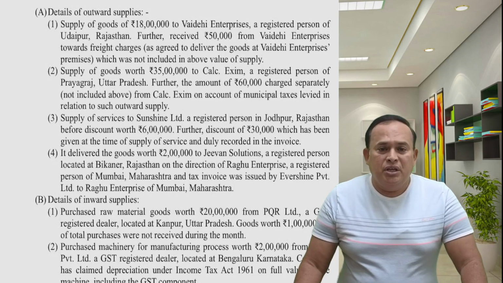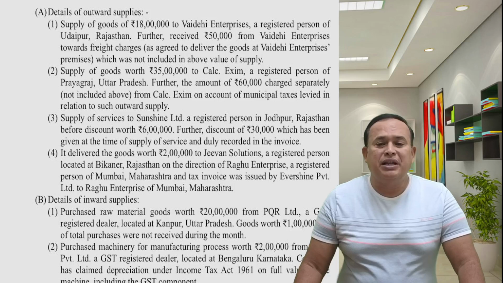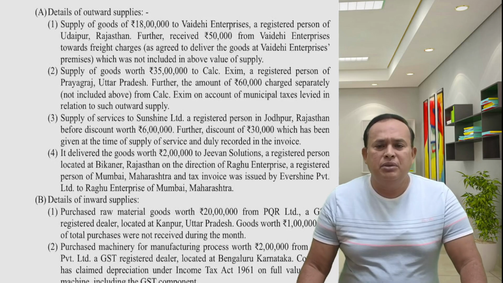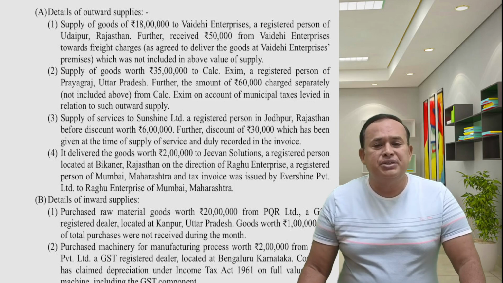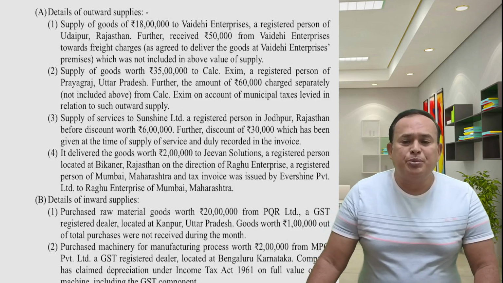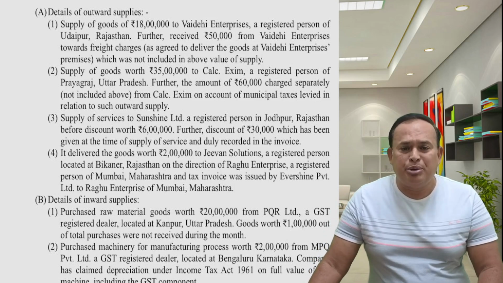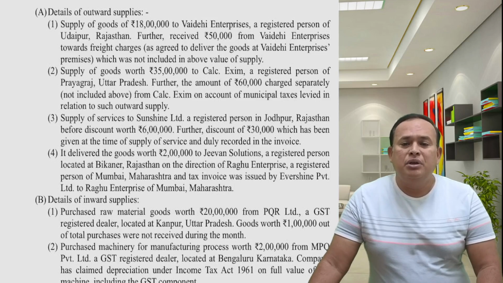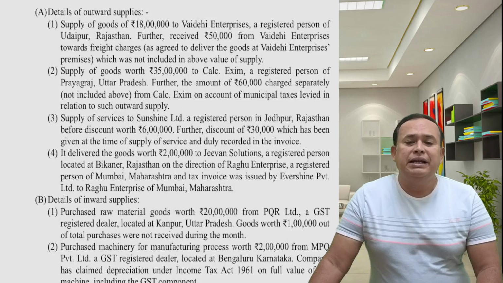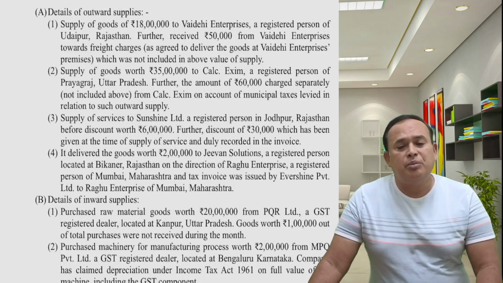Second point: supply of goods worth rupees 35 lakhs to Call Exim, a registered person of Prayagraj, Uttar Pradesh. Further, an amount of rupees 60,000 charged separately, not included in the above, from Call Exim on account of municipal taxes levied in relation to such outward supply.